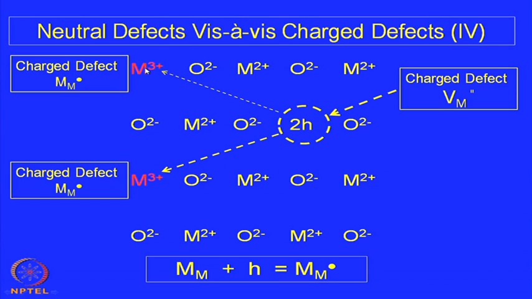Earlier an extra negative charge was added. So, the valency was decreasing, here the valency has increased, by adding an extra hole, and the reaction is written here plus h dot, which is again effectively a positive charge.